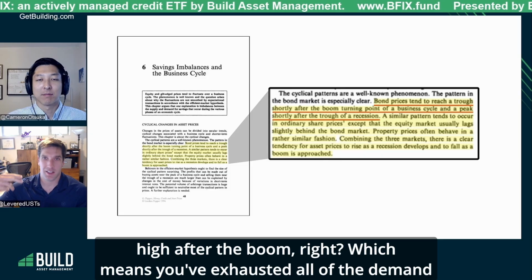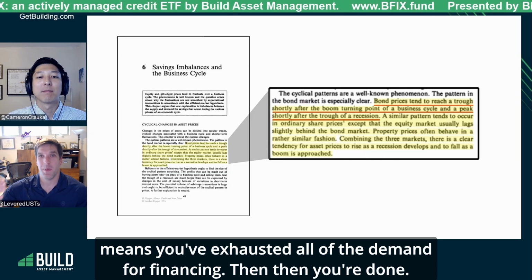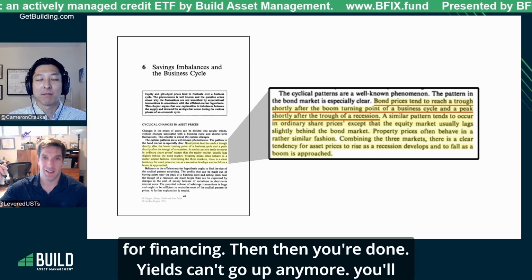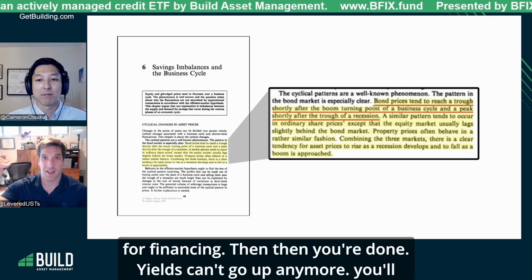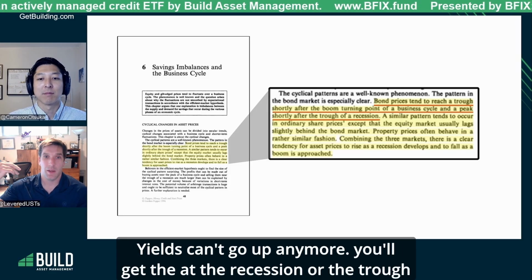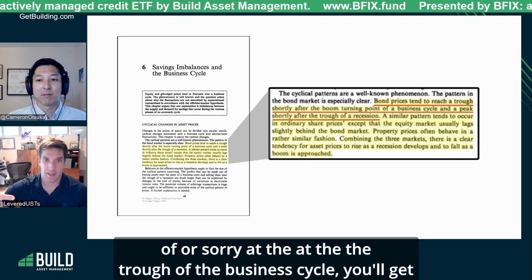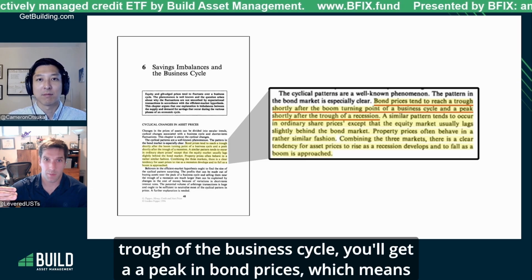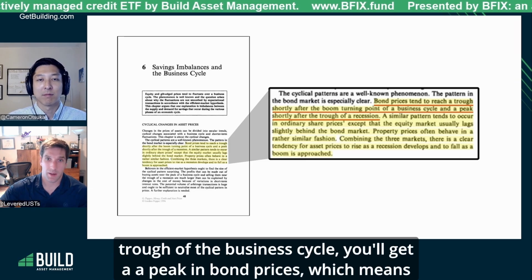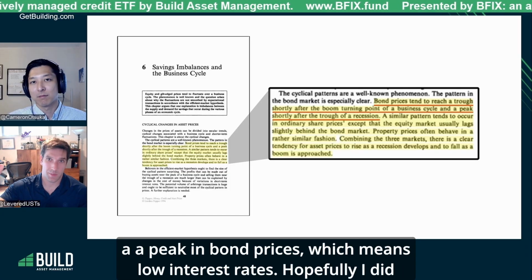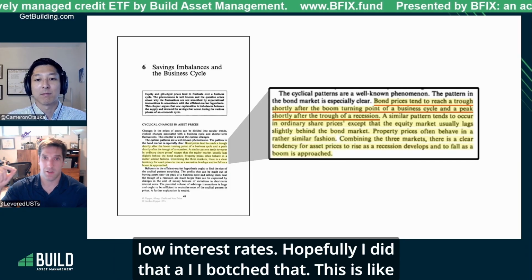Which means you've exhausted all of the demand for financing. Then you're done. Yields can't go up anymore. At the trough of the business cycle, you'll get a peak in bond prices, which means low interest rates.